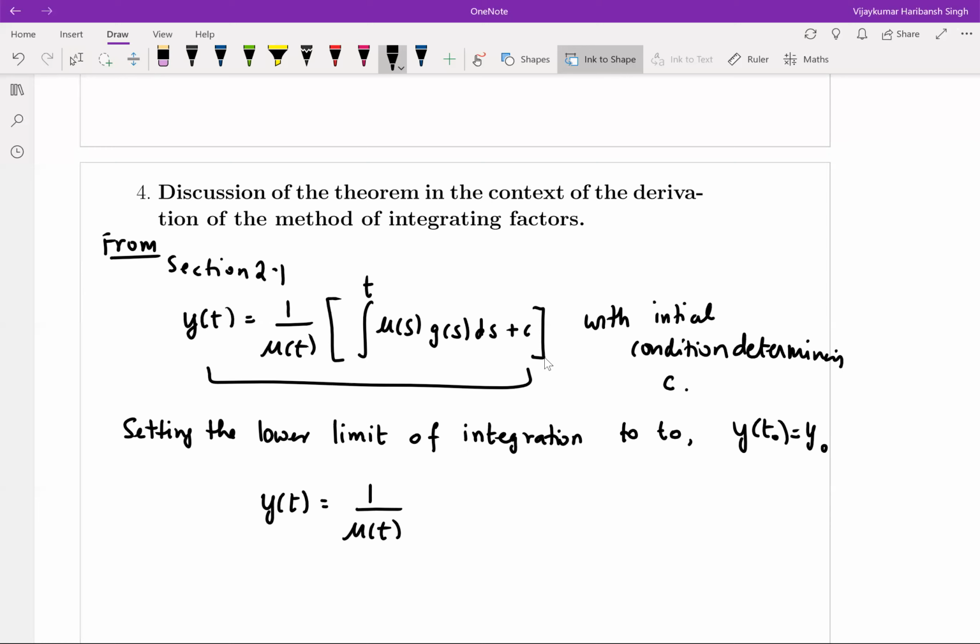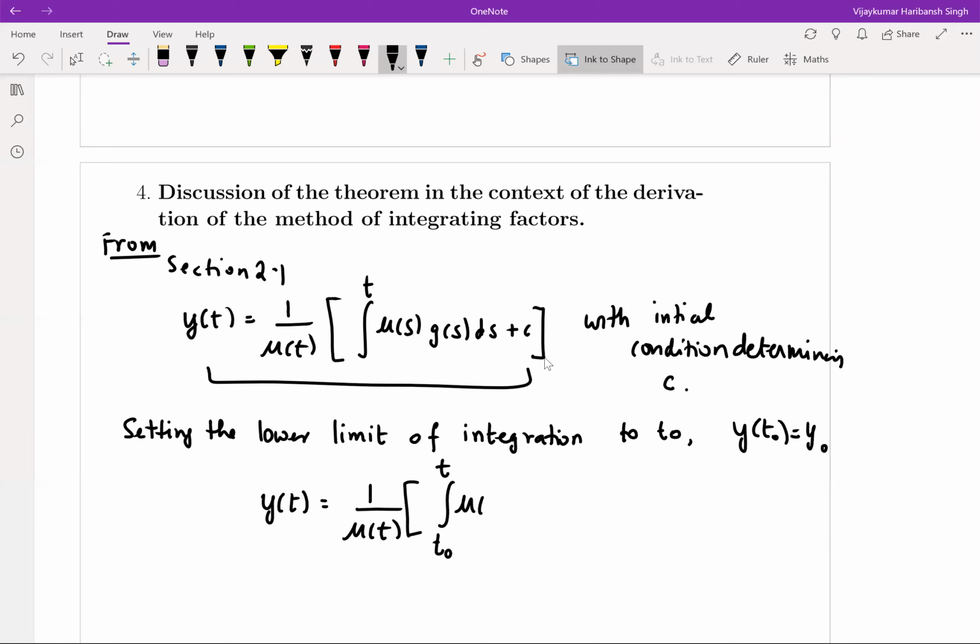So therefore, you can write this as y of t equals 1 by mu of t times the integral from t naught to t of mu of s g of s ds plus y naught, right?